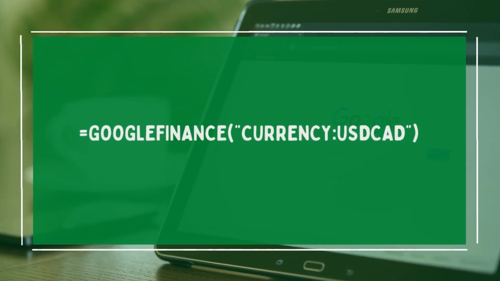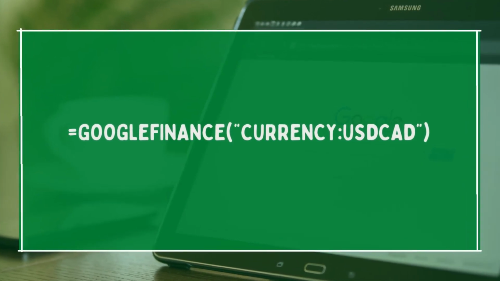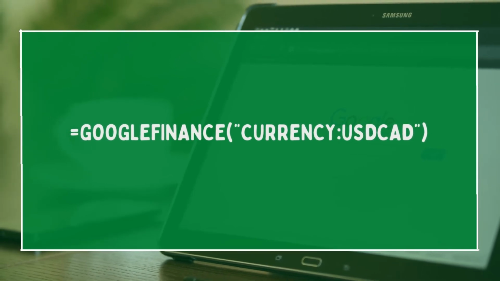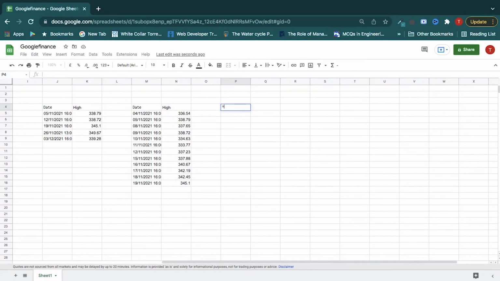Another helpful feature of the Google Finance function is the ability to get live currency conversion rates directly in our Google spreadsheet. This is done by replacing the stock ticker with the 3-letter currency symbols. Suppose we want to know the exchange rate from USD to Canadian dollar.